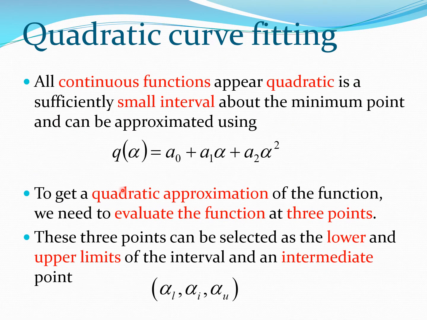So let us consider the fact that all continuous functions seem to be quadratic functions in a sufficiently small region near the minimum point. And therefore, I can write an approximation of the function f of alpha as q, standing for quadratic, which is a quadratic function here, and essentially, like in a typical quadratic, there are three constants a0, a1, and a2.